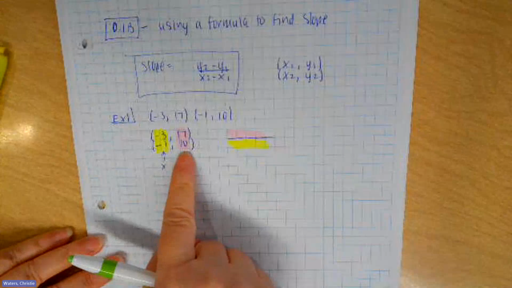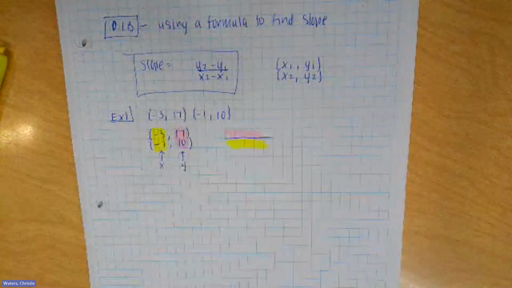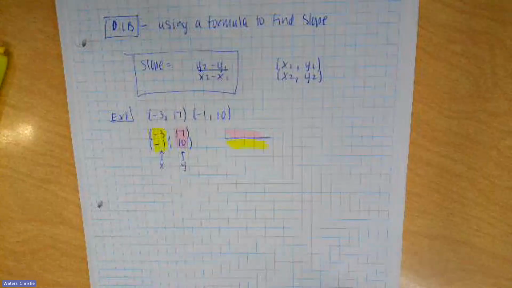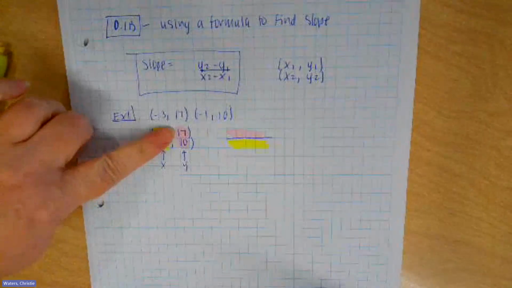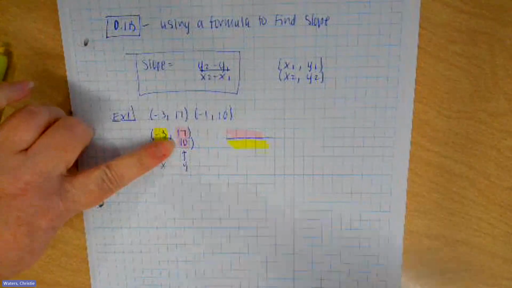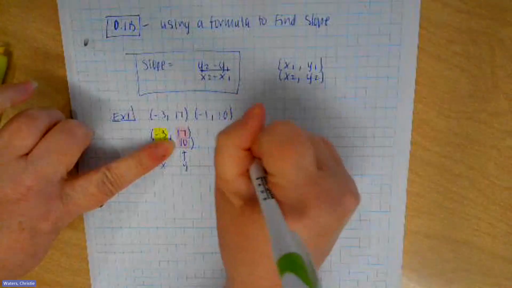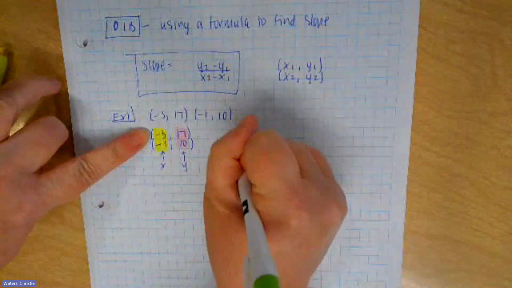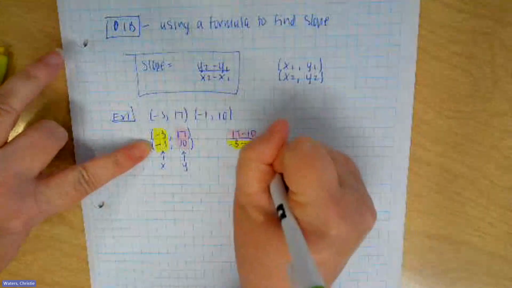So a lot of you probably think, oh, that means I have to do 10 minus 17. So it's the 2 minus the 1. But you actually can go in either order. So I usually just make it easy and do the top number minus the bottom number. So it's going to be 17 minus 10. And the denominator will be -3 minus -1.